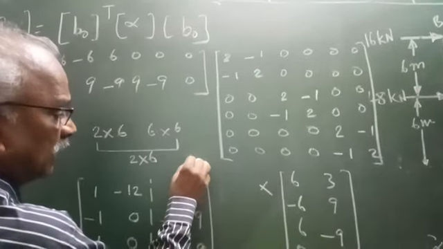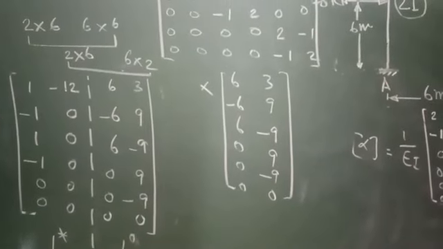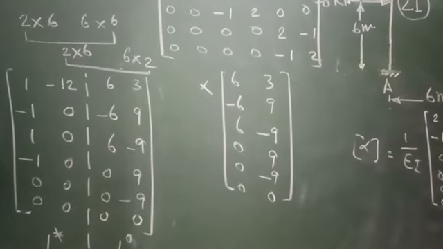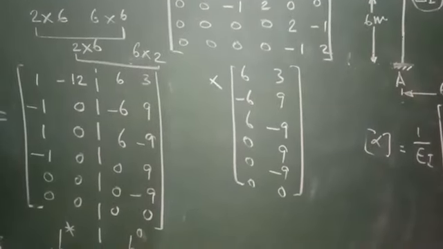So the product A naught naught. Now you are familiar with the matrix multiplication, so straight away I will give you the value.